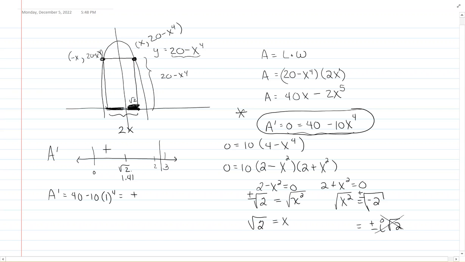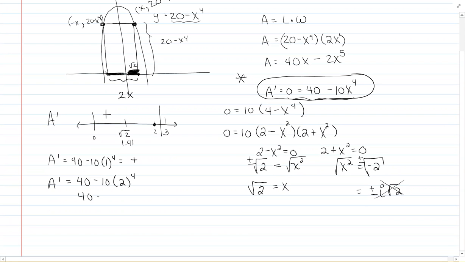Then I pick a number between radical 2 and somewhere between 2 and 3. So I'm just going to pick 2. Put it back into the derivative. So 40 minus 10 times 2 to the fourth, 40 minus 10 times 16. I don't really care, again, what the number is. I'm just seeing that it's negative. So if you're increasing and then decreasing, that radical 2 is a maximum. So you're maximizing your area, all right?